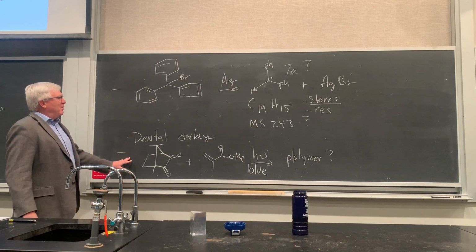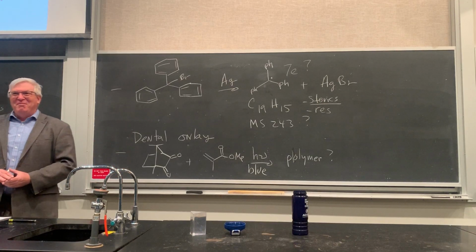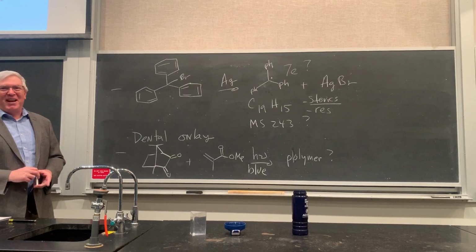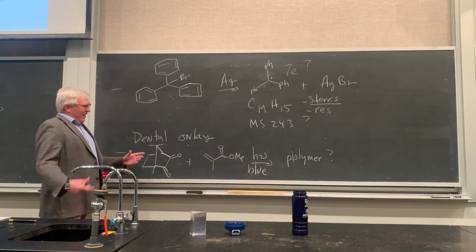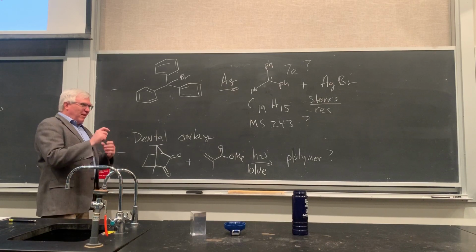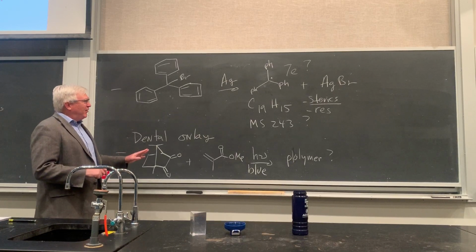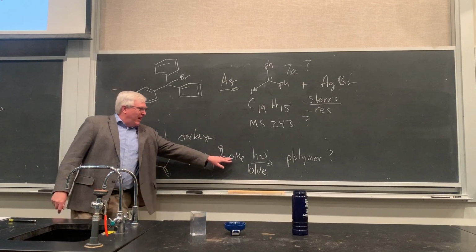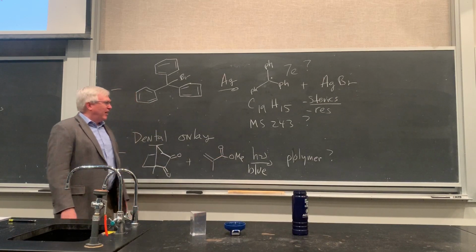Now, there's something you're probably more familiar with, dental onlays. Hopefully you're not too familiar. But all of us have to go to the dentist periodically and have cavities filled, right? They drill out the hole, and then they put in some stuff. They might have to put a crown or some other onlay material there. But the adhesive material is this, an acrylate ester, a double bond conjugated to an ester here.